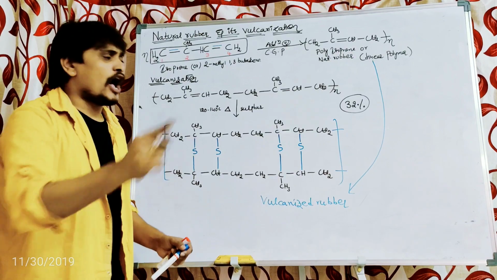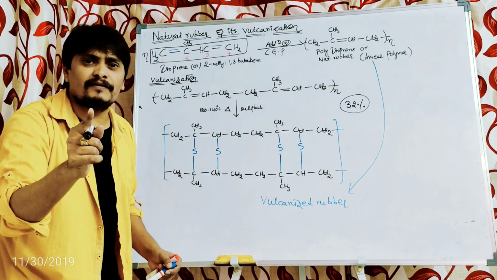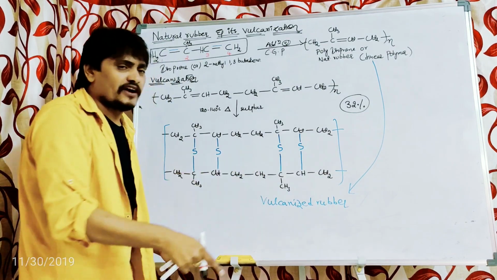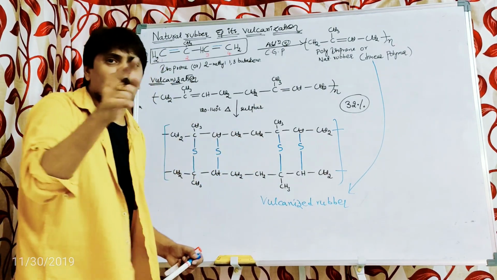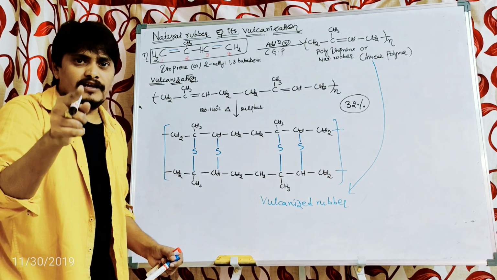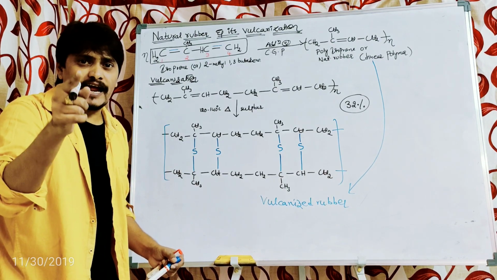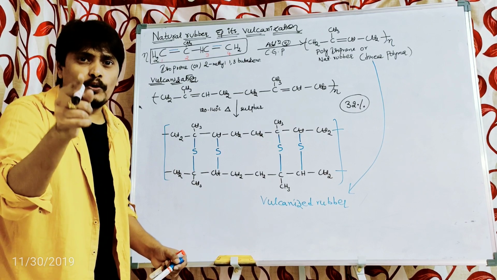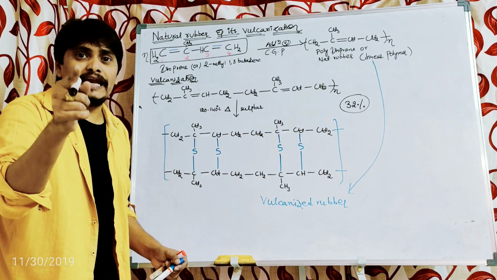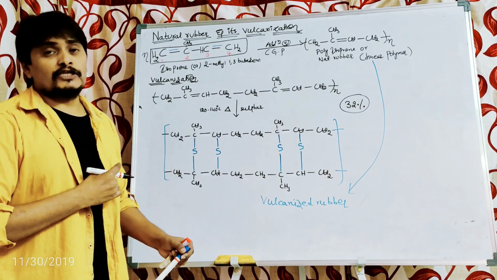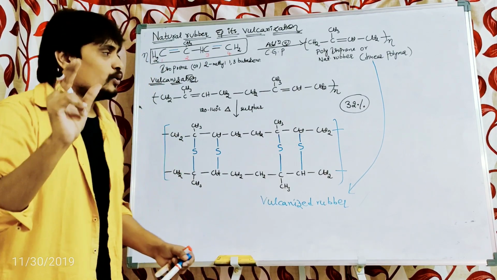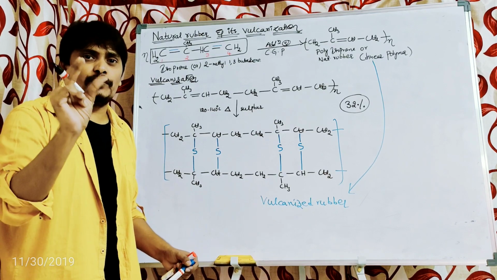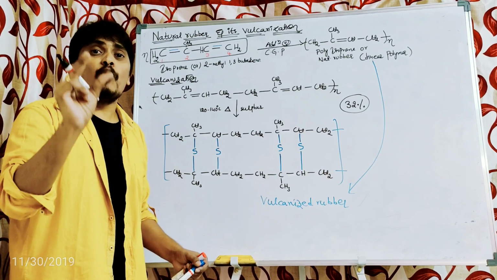Whenever it becomes absolutely rigid, if we manufacture a tire and tube using vulcanized rubber comprising greater than 32% sulfur, it will just behave like a road roller. That is, there won't be any hiccups. So that is the reason we add only 32% of the sulfur during the vulcanization, not more than that.